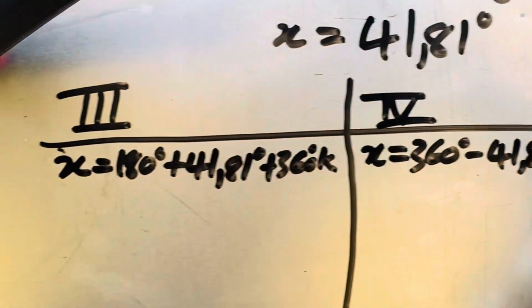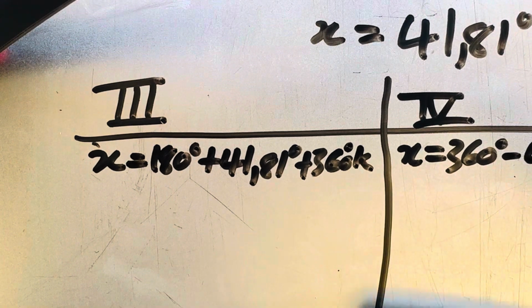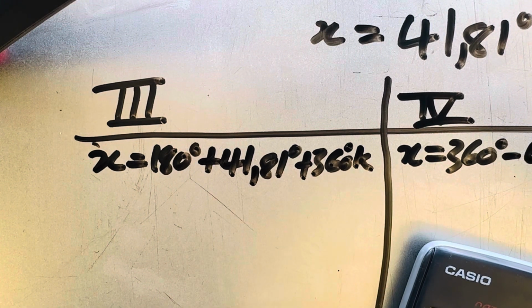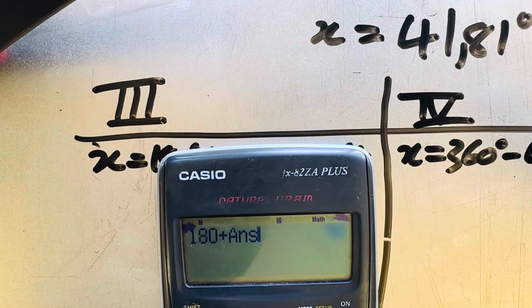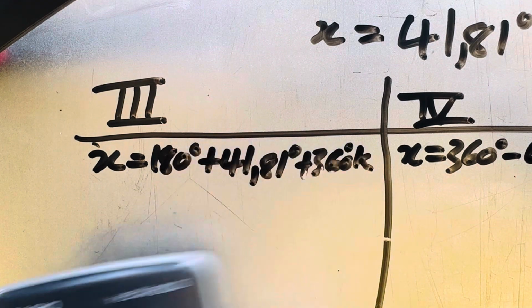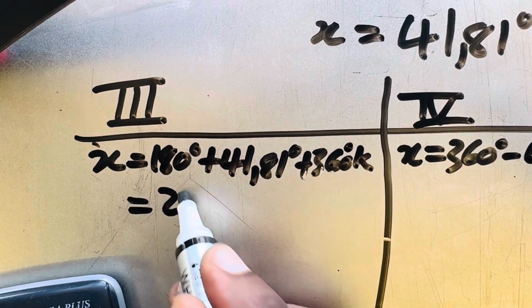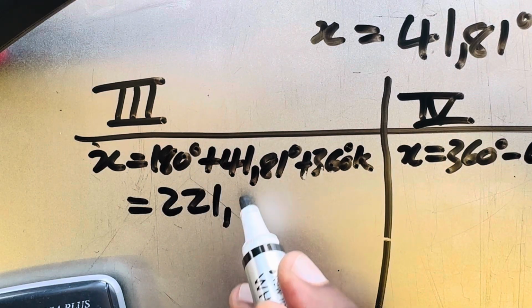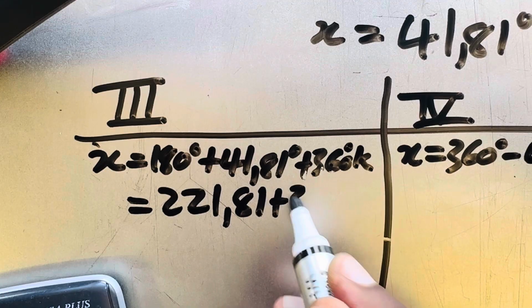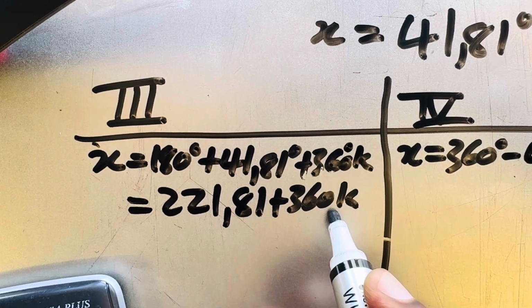Then on this side, 180 plus the answer gives 221,81 plus 360K.